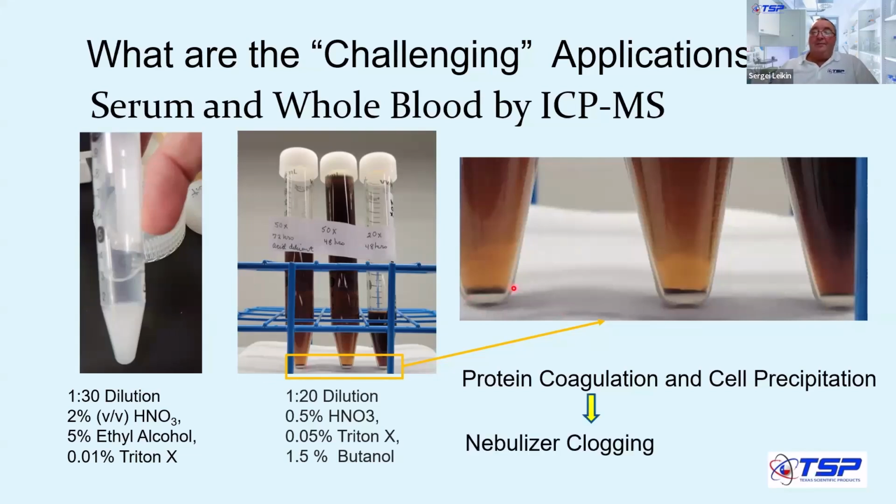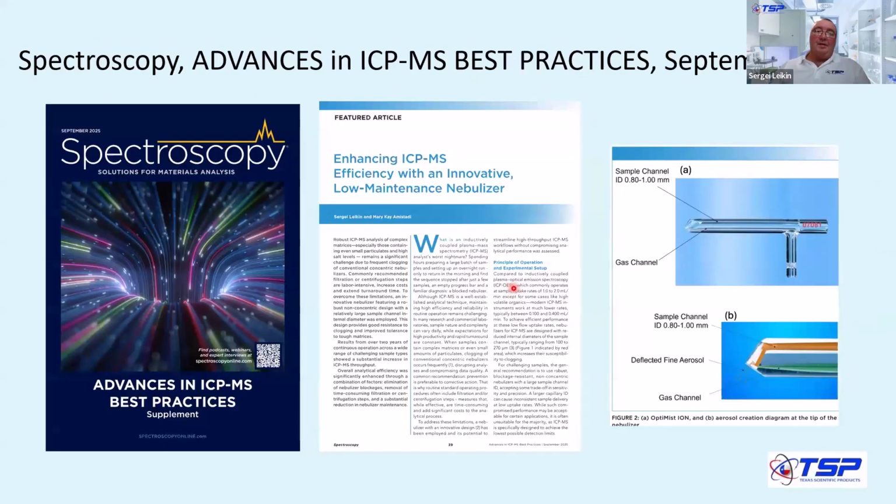What's happening is it will cause nebulizer clogging. We just published an article in Spectroscopy in September 2025 that has details on how it is run and what nebulizer was used to run it successfully. But here, just a few highlights.